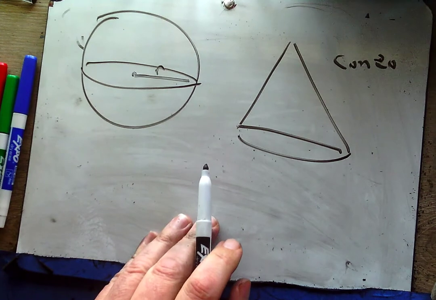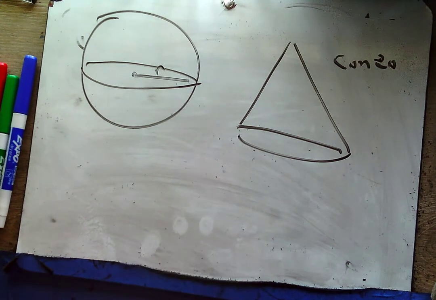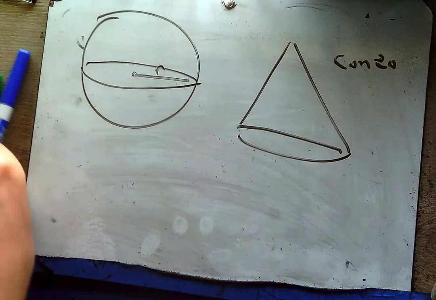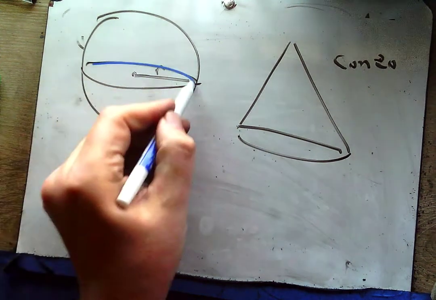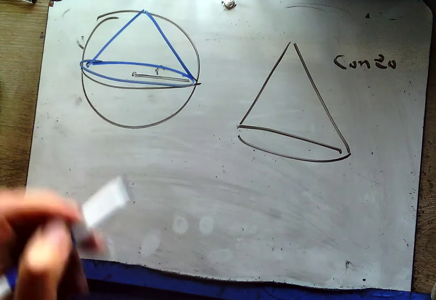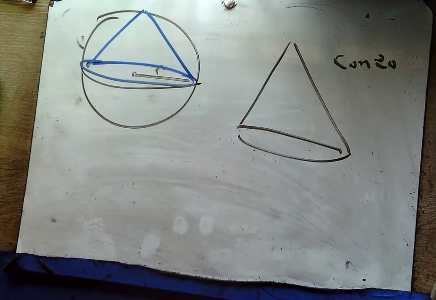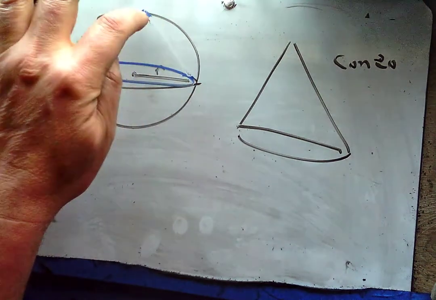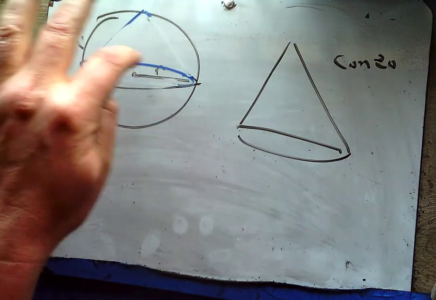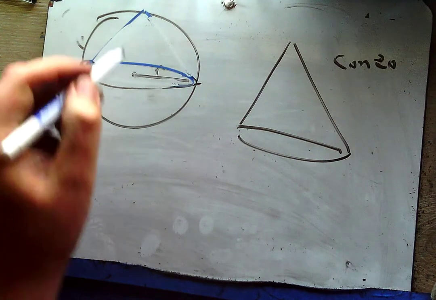Okay? So, many students make the mistake of taking Conio and drawing Conio inside the sphere this way. But you know, that's not necessarily the maximum. In fact, it isn't. So I draw Conio in here like this.